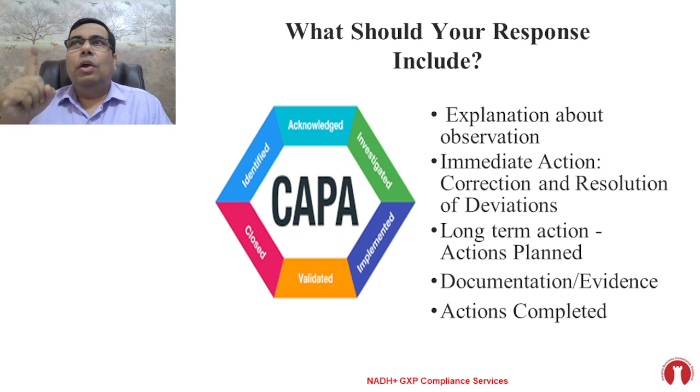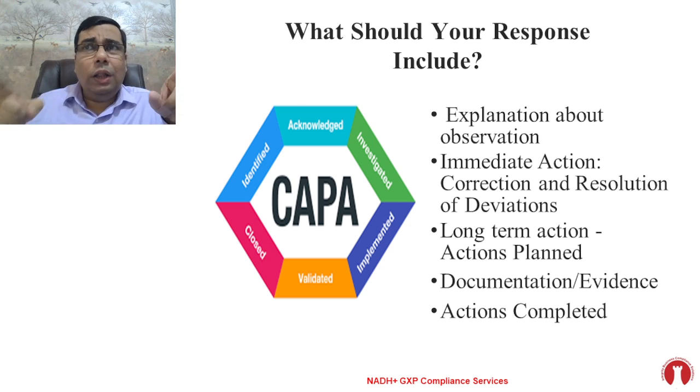This will definitely call for a warning letter. The reason is, if you are giving a timeline, you are not taking immediate action or immediate correction. Then the question is, are you going to stop all your manufacturing operations until you implement the CAPA and verify its effectiveness, and only then start manufacturing again?